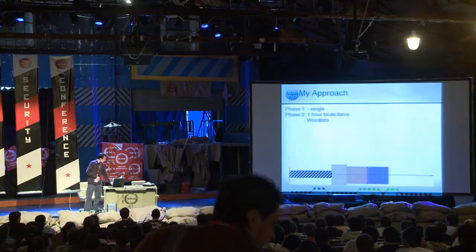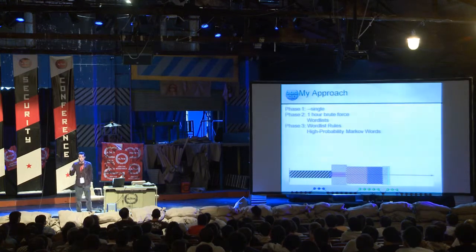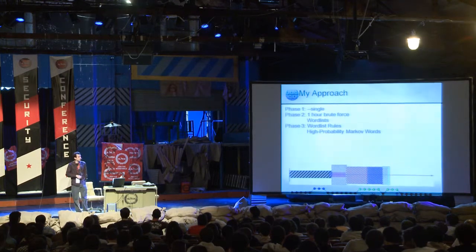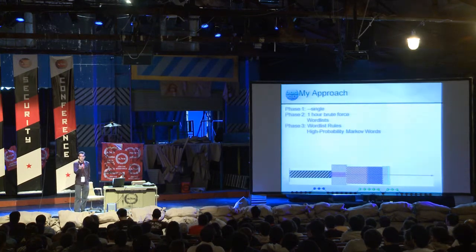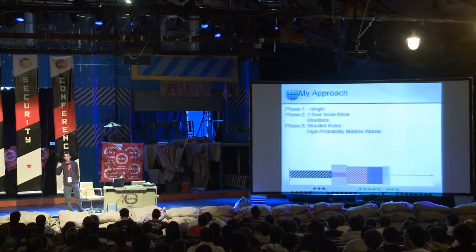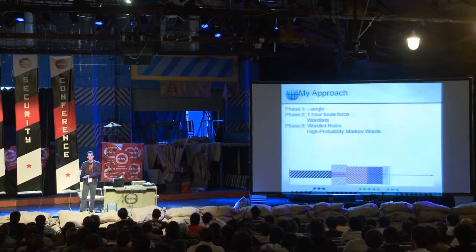So I'd run it with word lists, and then I would use word list rules and then Markovs. If you've never heard of a Markov generator, the easiest way to explain it is Italian surnames. Think of Italian surnames: Berlusconi, Trattoria, Luciano. They're very easy to create in your head. If I told you the letter L, you would think what follows it. Probably another L or a vowel. That's what Markov does. It takes an input dictionary and produces more words that look like it.